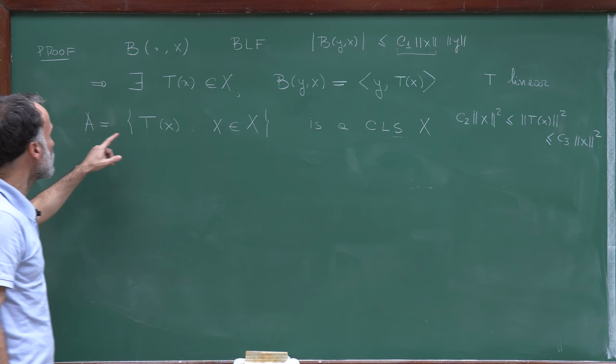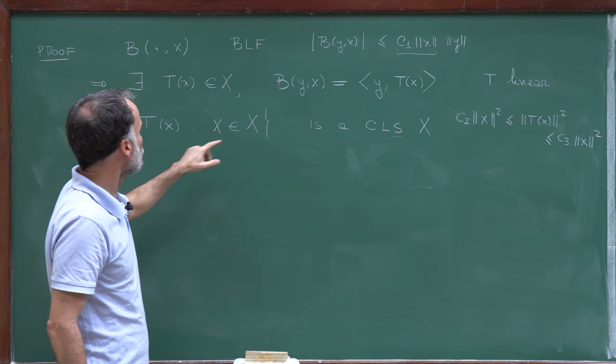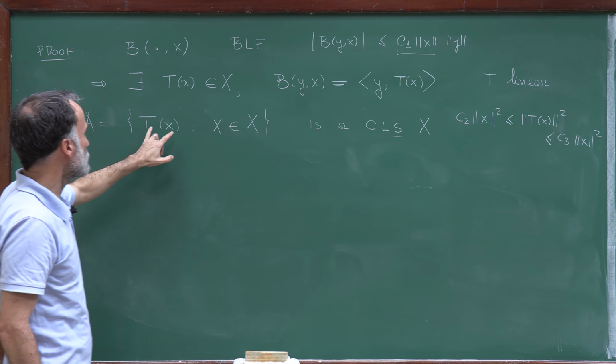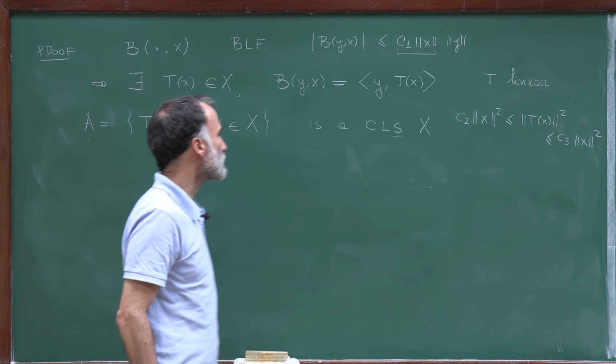So we proved that A, which is this space, is a closed linear subspace.